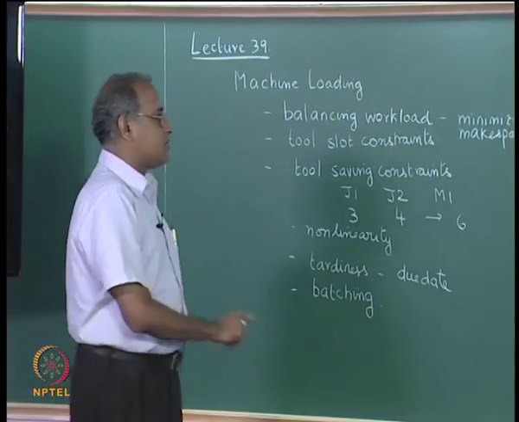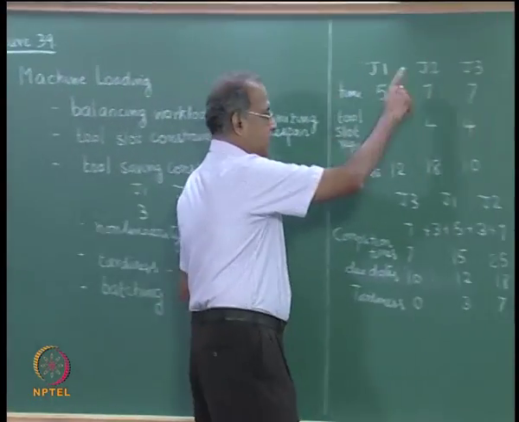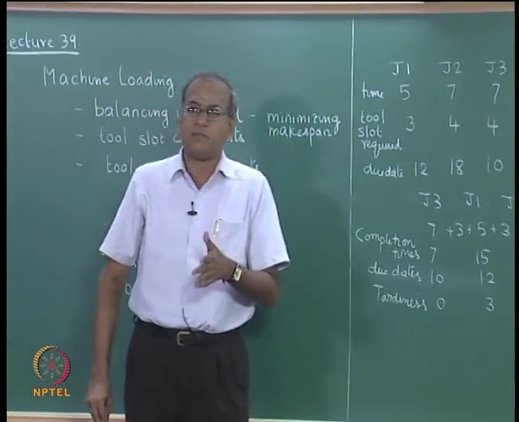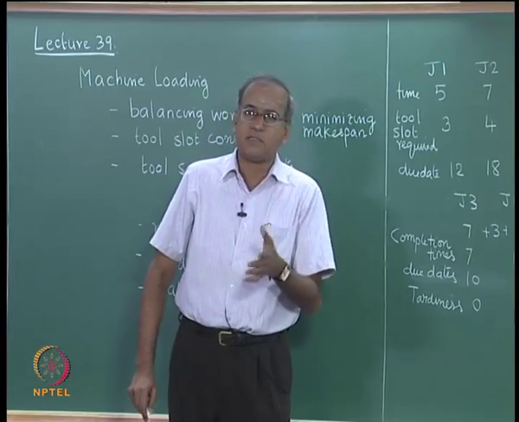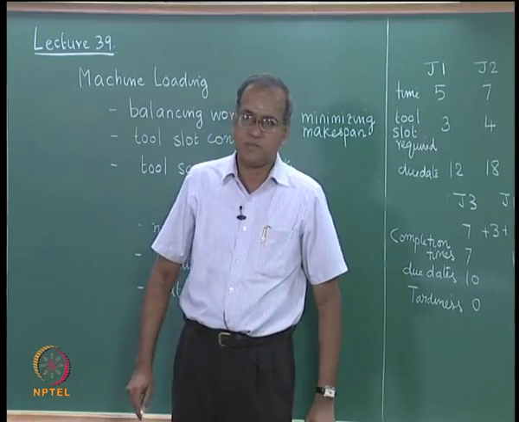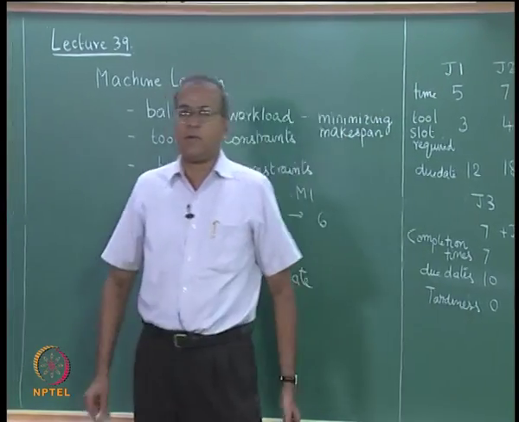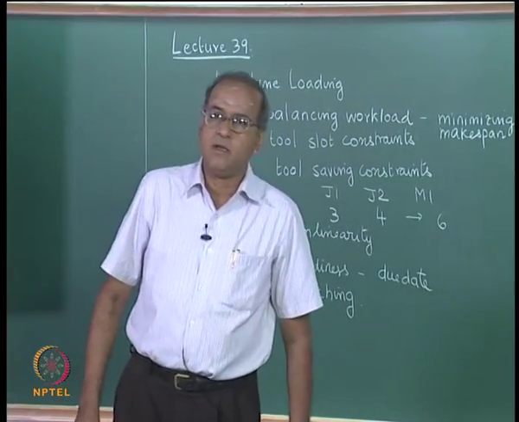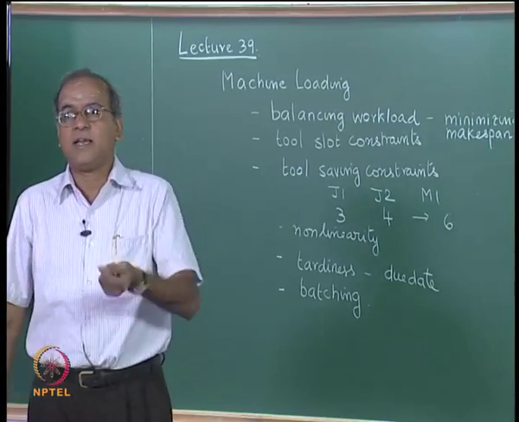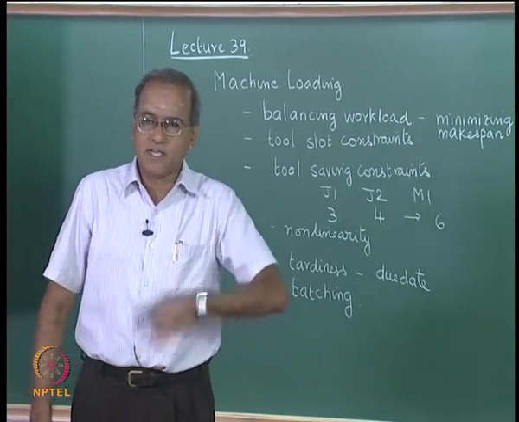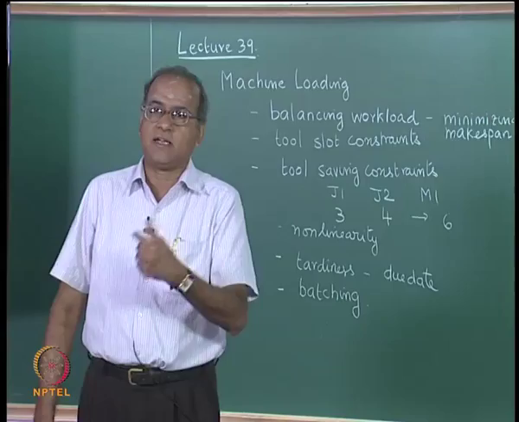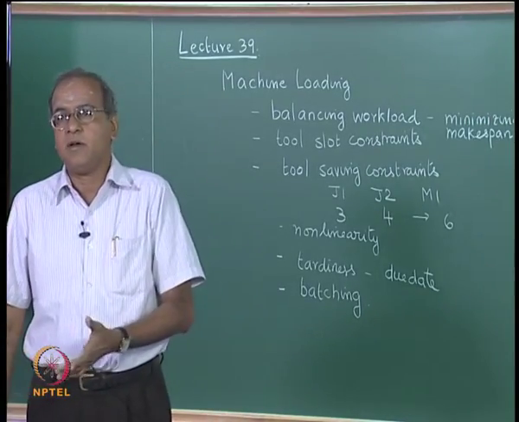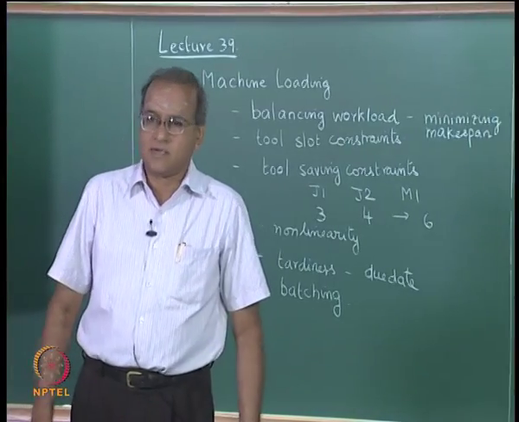Now, all these are shown through a very simple numerical illustration here, but then the optimization problem becomes extremely complex because of the nature of decision variables. Now, we have decision variables of the type x_ijk, where job i goes to machine j in the kth batch, and then within that there will be a t_ijk or c_ijk, which will be the completion time, or s_ijk, which will be the start time.